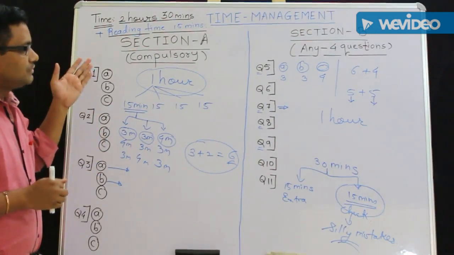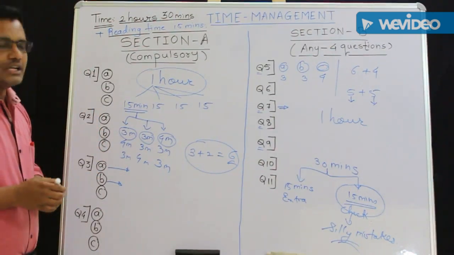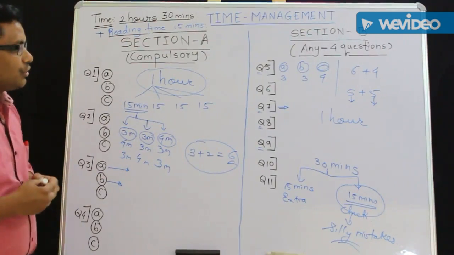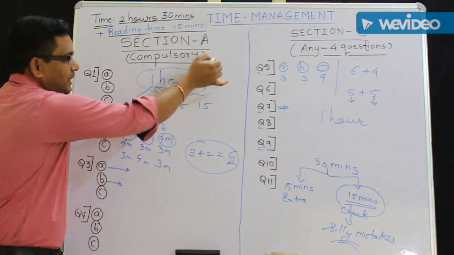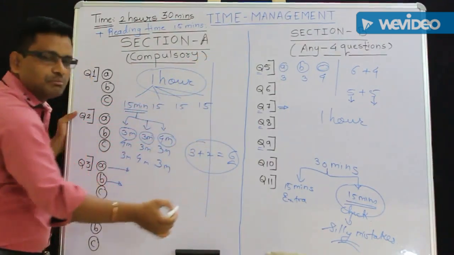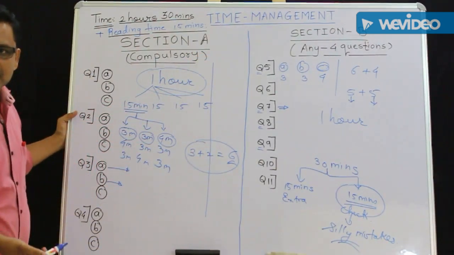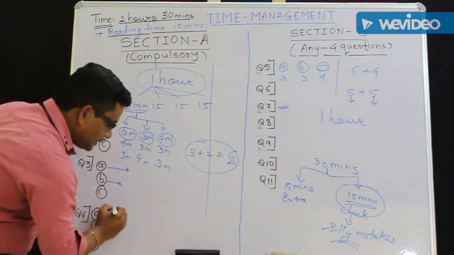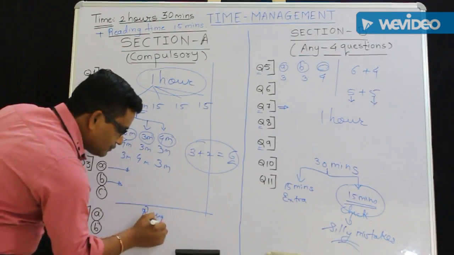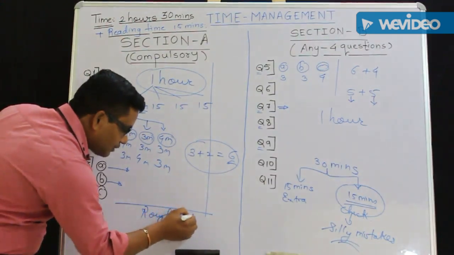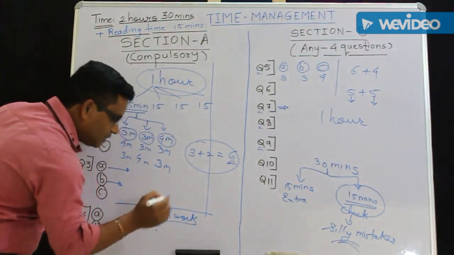Your seat number has to be written in the proper way, as well as rough work. According to the new ICSE rule, previously it was allowed on the right hand side margin, but from last year they have made it compulsory that rough work has to be done below the page where you are writing. You can write rough work here, over here.